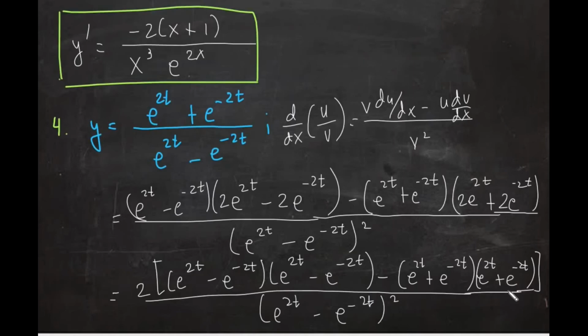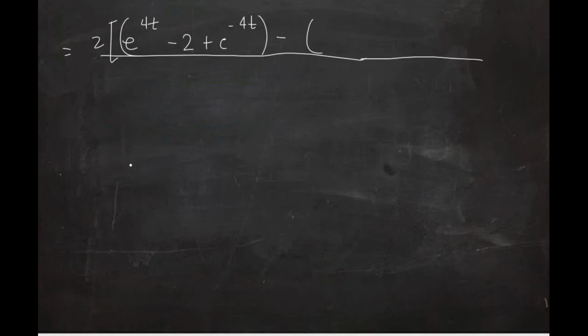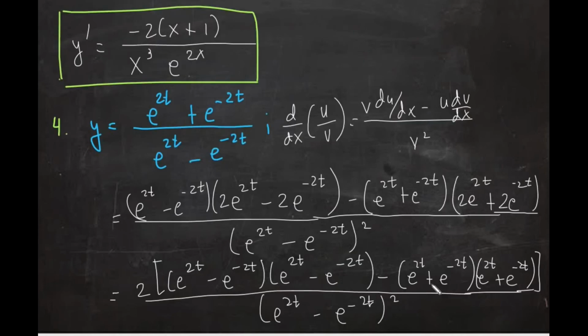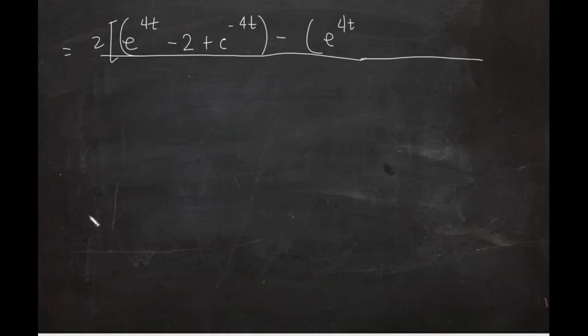so we'll do the same thing here. We'll have e raised to 4t as our first term. Then what will now be our middle term? Again, if we multiply e raised to 2t times e raised to negative 2t and then multiply by 2, the only term left would be simply 2.